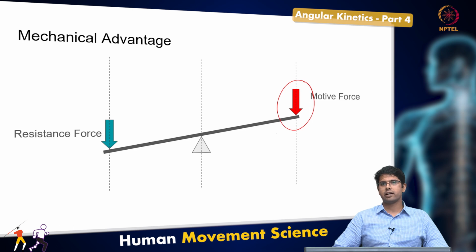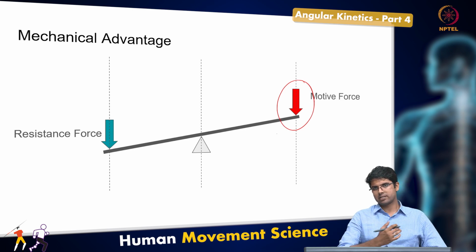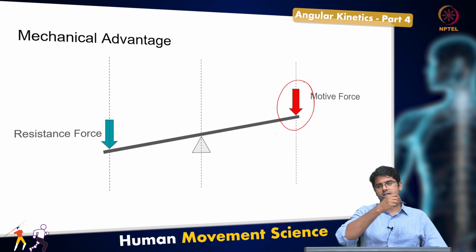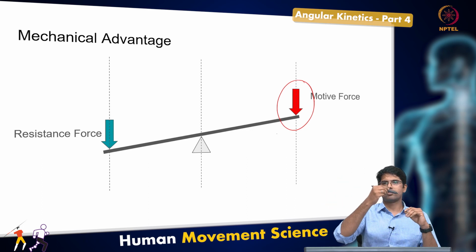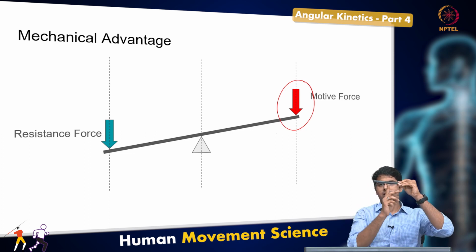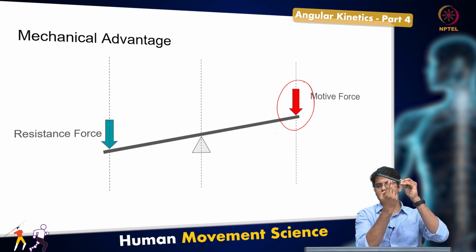So the limiting condition is when I am in static equilibrium, I am able to maintain this orientation of the lever. Let's say this is hanging in the air about the fulcrum, and there is a weight acting on this side, but there is a counterweight acting here, that is the motive force, that is the effort, and that is able to keep this in equilibrium position, in some position like this.